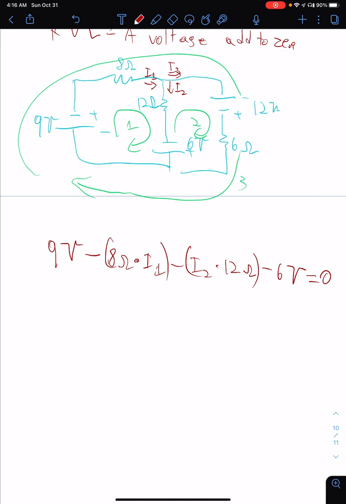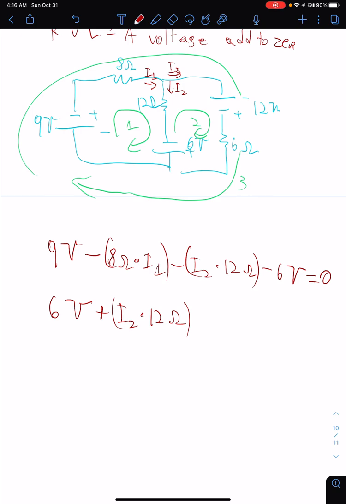Our second loop is inside there. So let's actually start at the 6 volt, because now 6 volts is in our good direction. So 6 volt plus, because you're going against it and it's coming in, I2 times 12 ohms, following the current now.